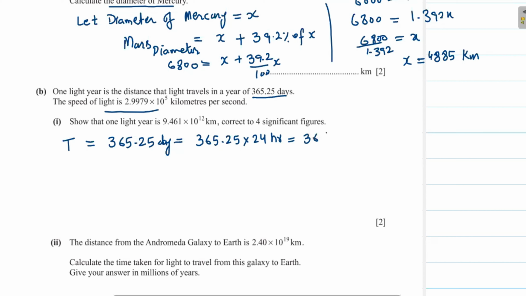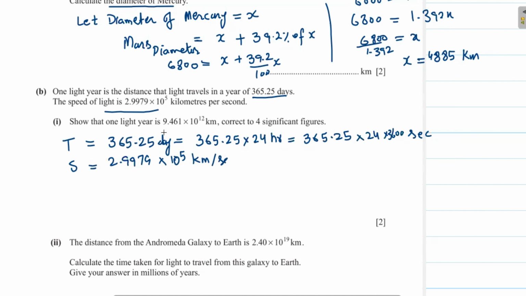This will be equal to 365.25 multiplied by 24 multiplied by 3600. This value becomes in seconds. Next the speed of light here is given as 2.9979 10 power 5 kilometer per second.